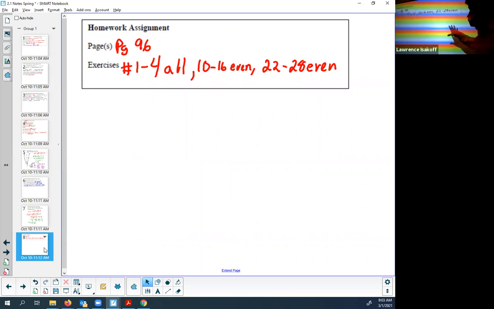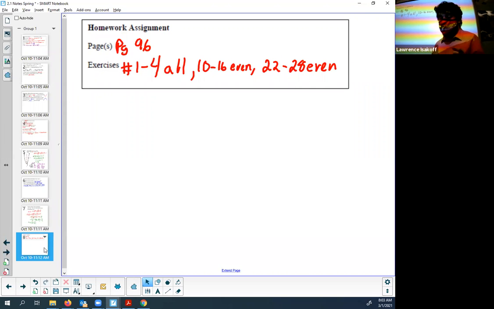So that takes us to the end of today's lesson. On page 96, there's a new PDF up. If you had downloaded and saved the chapter 1 PDF, that's great, good on you. But now we're on chapter 2, so there is a new PDF for that.